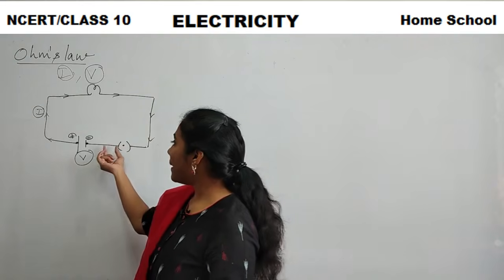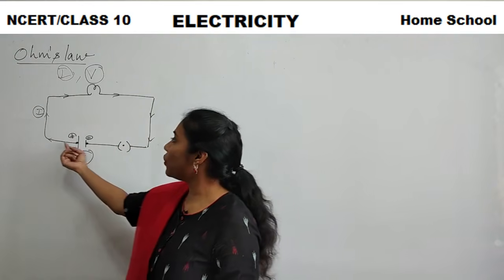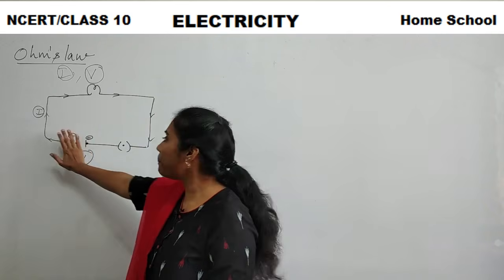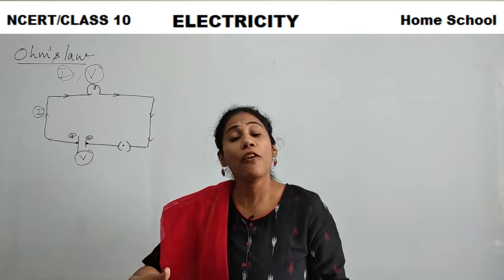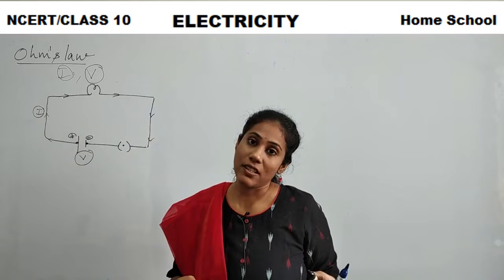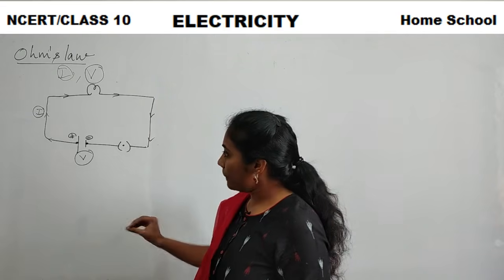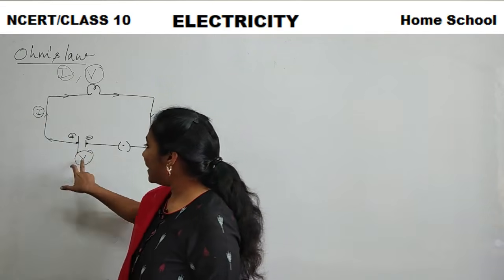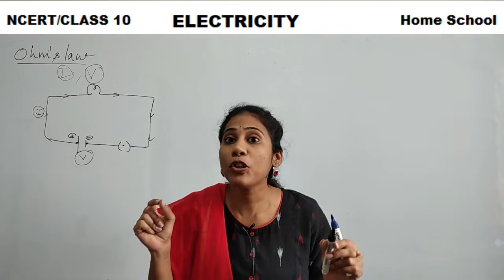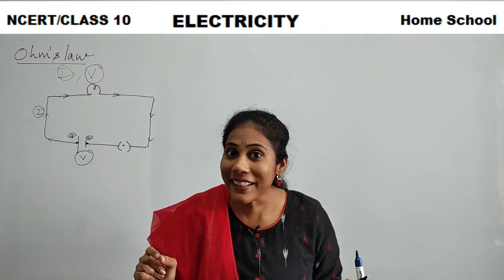So the amount of current flowing in a circuit depends on the voltage, on how much push you are giving for an easy flow of electrons. So definitely the current I and potential difference V are directly proportional, right?